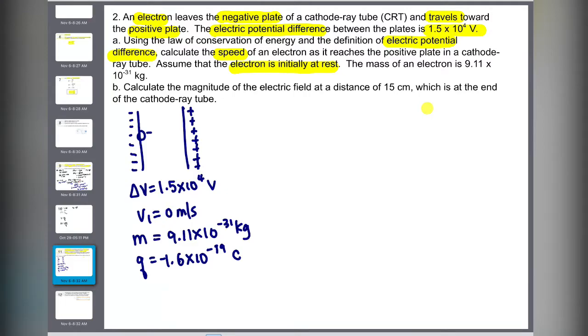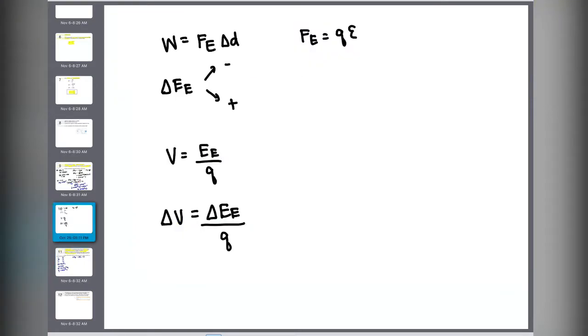Okay, so going back, I need to know the conservation of energy. So the conservation of energy equation is change in electric potential energy adding the change in kinetic energy is equal to 0. Okay, so how do I find the electrical energy? So we go back to the definition. I have delta V given.